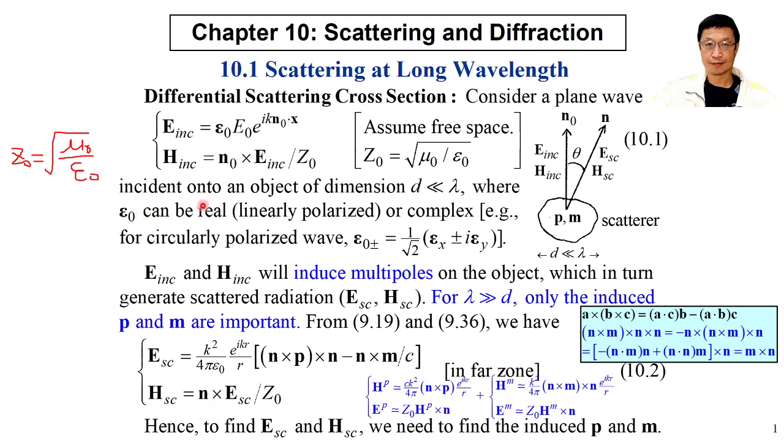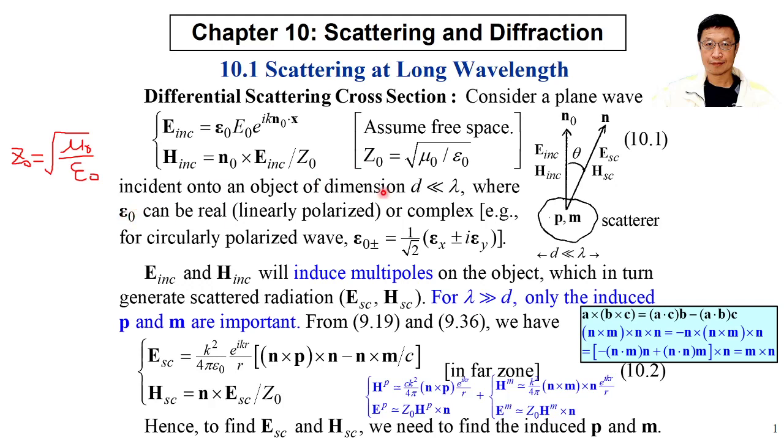It can be real, just like in the x direction or in the y direction. Normally we prefer this direction to be the z direction, so we can simplify the calculation a lot.